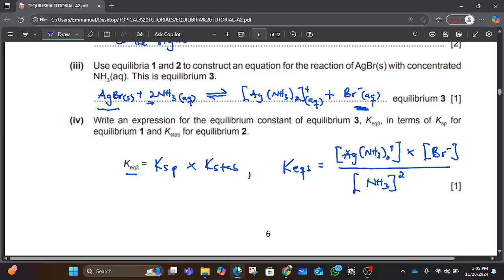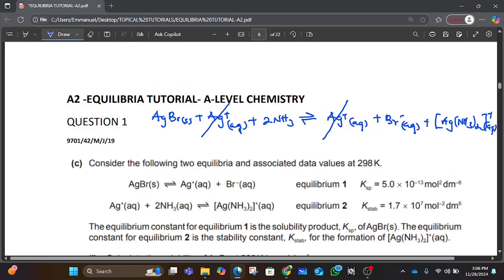In actual fact, this K3 expression was gotten from the multiplication of the KSP expression and then the K star expression. The KSP expression is gotten from equilibrium 1, and which is given as KSP is equal to the product of the Ag plus concentration and the Br minus ion concentration.